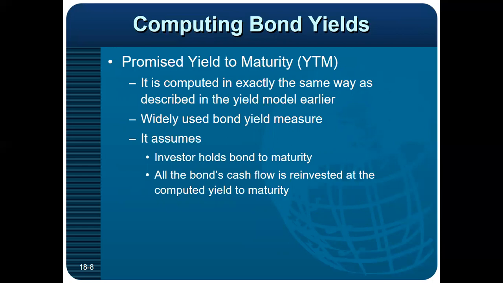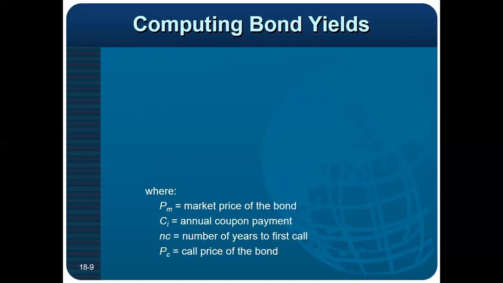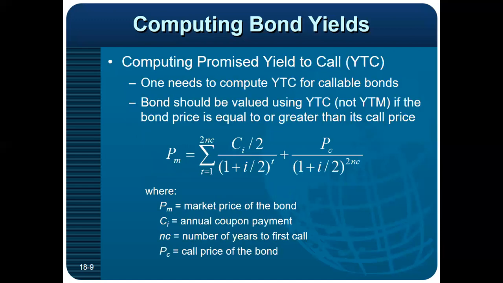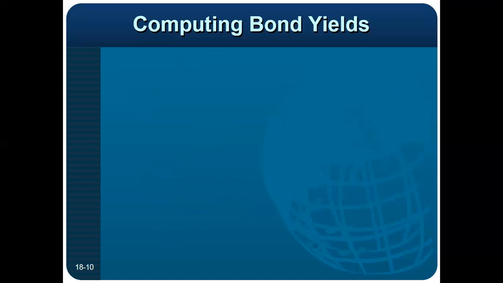Sometimes the bondholder will sell it before it reaches maturity, so we call it yield to call. Yield to call means the holding period is less than the maturity years.